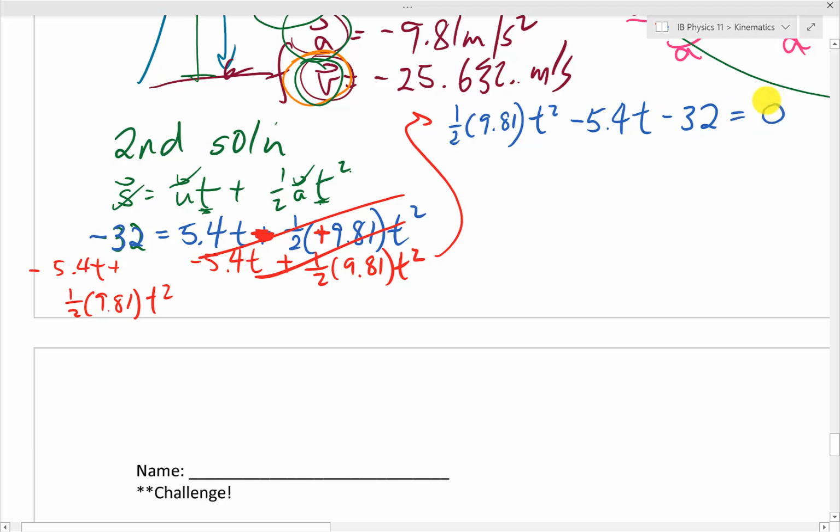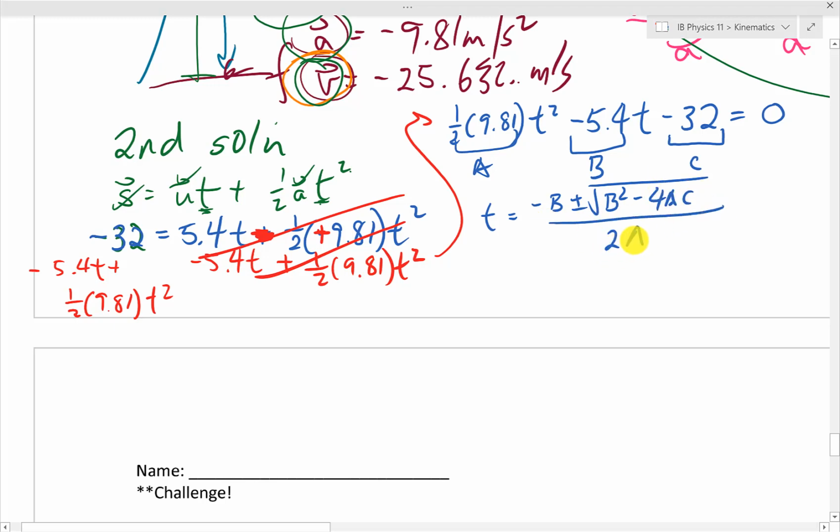Okay, so for my quadratic equation, imagine this coefficient here is my a term, this coefficient is b, and that number, that term, is c, so that my solution is t equals minus b plus or minus the square root of b squared minus 4ac, all divided by 2a.